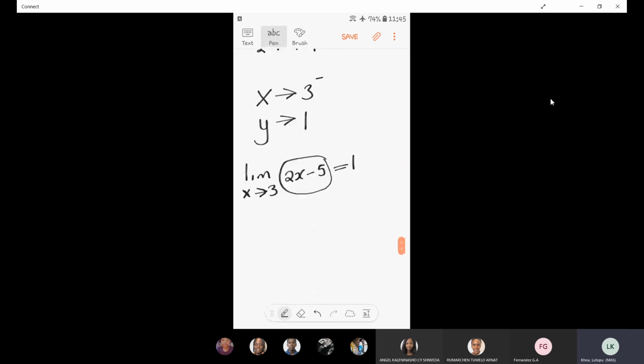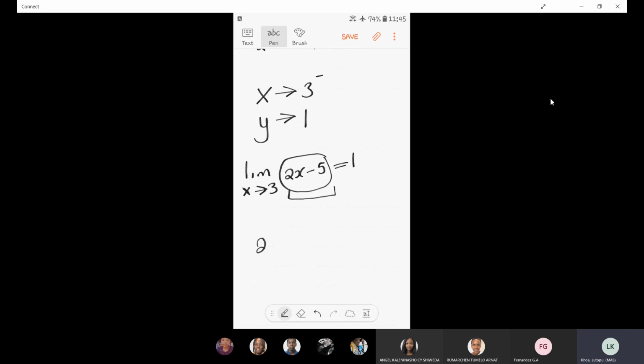Okay, now I'm sure you can guess that if I just substituted 3 into this expression over there, if I say 2 times 3 minus 5, this is 6 minus 5, you can see that I will get 1, and that is the limit.